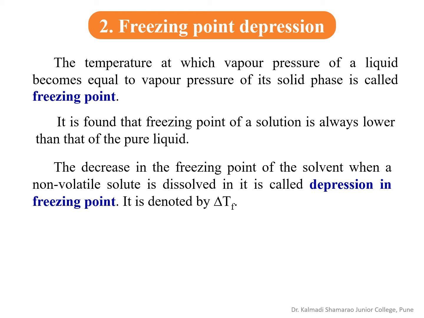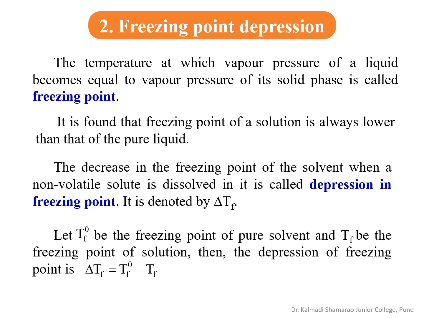It is denoted by delta Tf. Let Tf naught be the freezing point of pure solvent and Tf be the freezing point of solution. Then the depression in freezing point, that is delta Tf, is equal to Tf naught minus Tf.